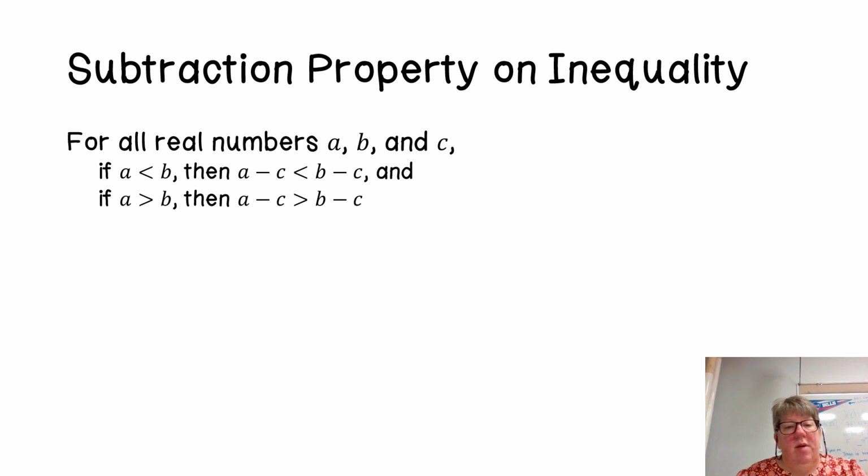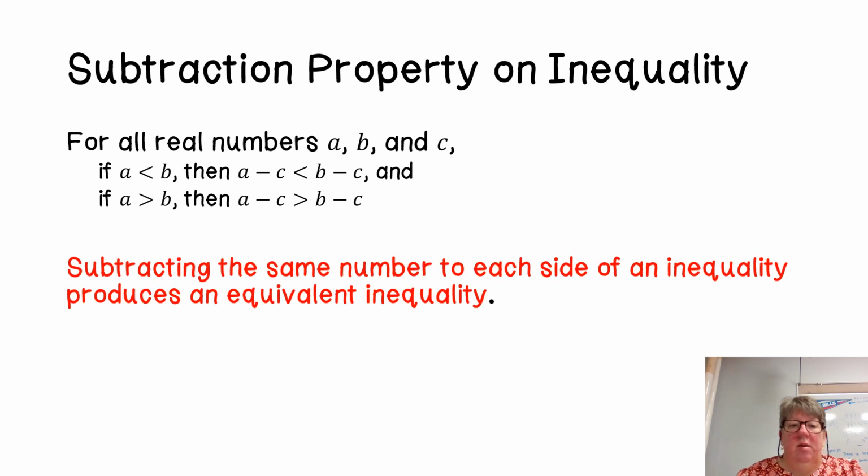And if a is greater than b, and I subtract c from both sides, a minus c will still be greater than b minus c. So essentially, subtracting the same number from each side of an inequality produces an equivalent inequality. So addition and subtraction work exactly the same in inequalities as they do in equations.